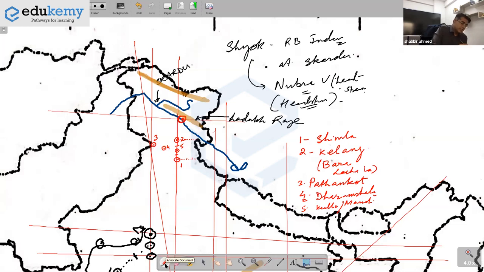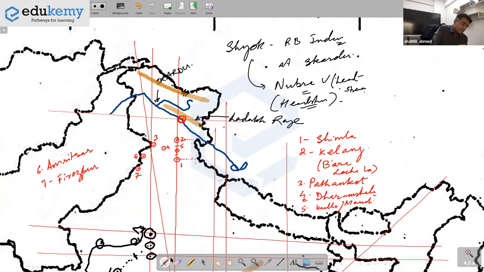Okay. Some more questions. Anybody knows what is this place here? First tell me what this place is. And then tell me what this place is. Okay, this is a number. This is 6. This is 7. What is 6? 6 is Amritsar. What is 7? It is Firozpur. Very nice.